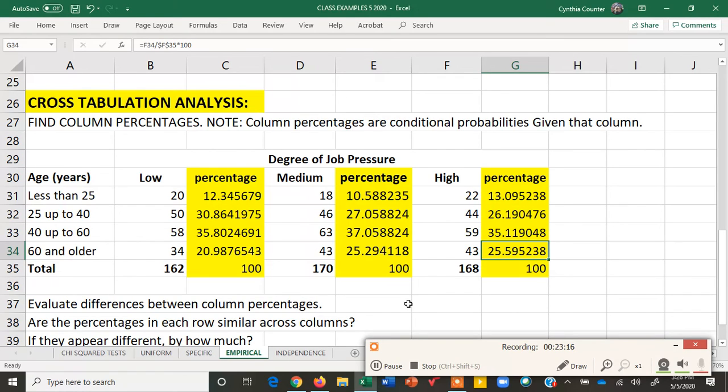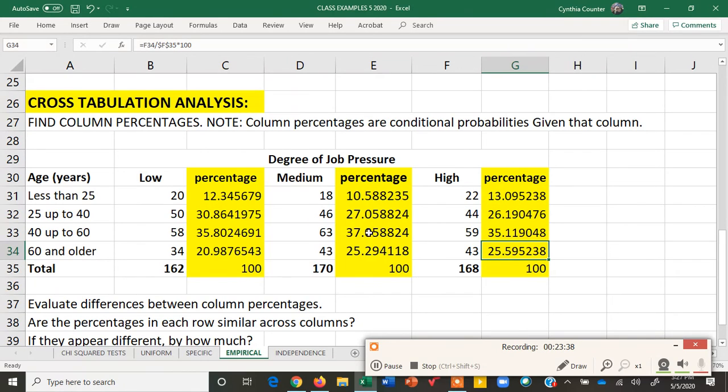Now the largest difference, here we got like from 10.5 to 13, right? That's a difference of about 2.5. Here, 26.2 to 30.8, we're looking at about a 4.4 difference.